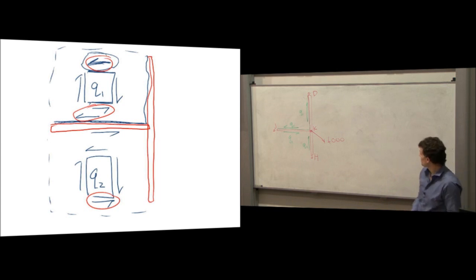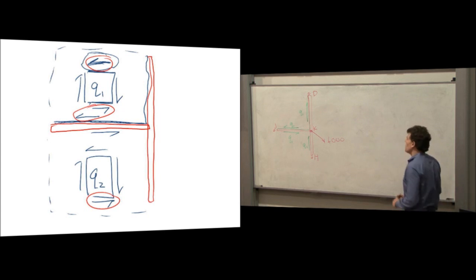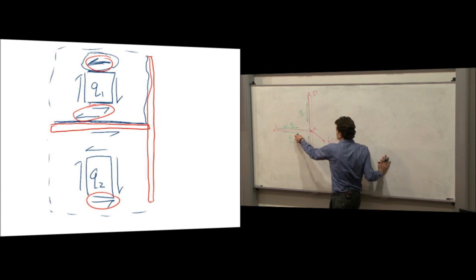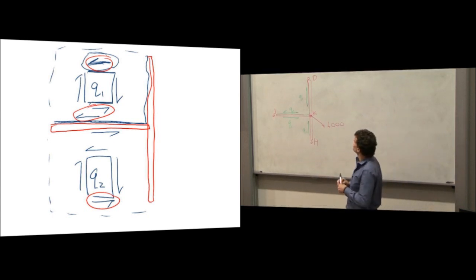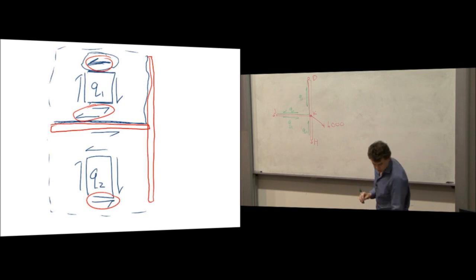All right. So I've left a little bit of information off here. These aren't forces yet. These are just shear flows. To get the forces, what do we need to do? Multiply by lengths. Okay.